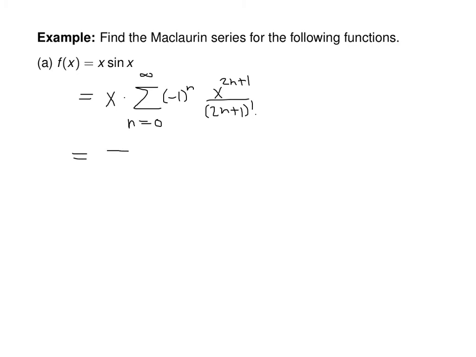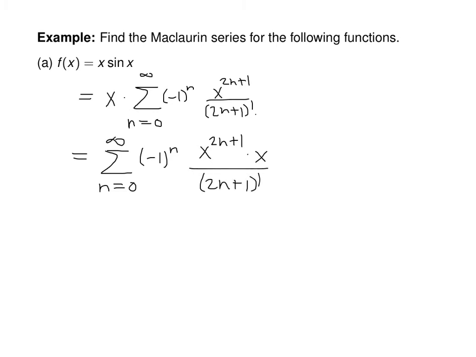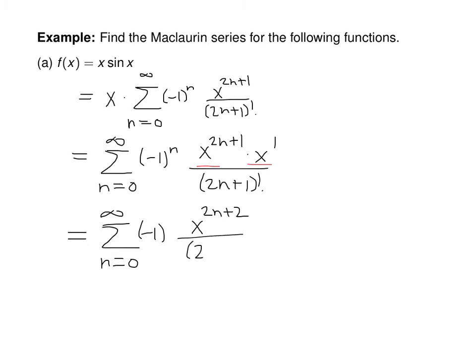So when that x distributes into the series, we end up with negative 1 to the n, x to the 2n plus 1 times x, over 2n plus 1 factorial, and that's x to the first. Because these bases are the same, those powers add, and I will require that you combine terms when they can be combined. So in this case, you'll have to write x to the 2n plus 2 over 2n plus 1 factorial.